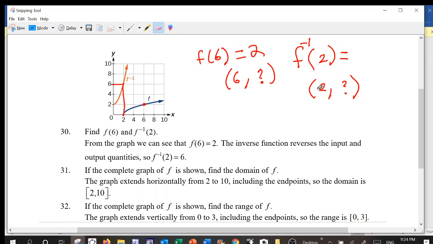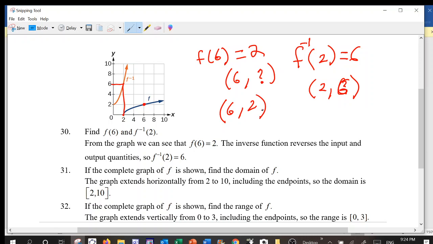So the answer to that is 6. We could also get it from here. We don't really need that if we have this. If we know that 6 goes to 2, then we know 2 goes to 6, because you just switch these two. So this has to be 6.